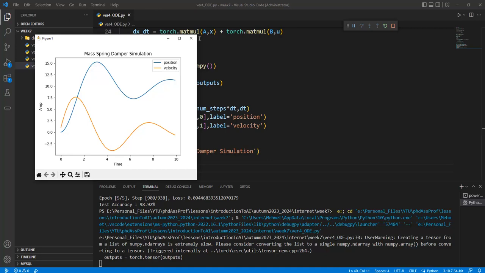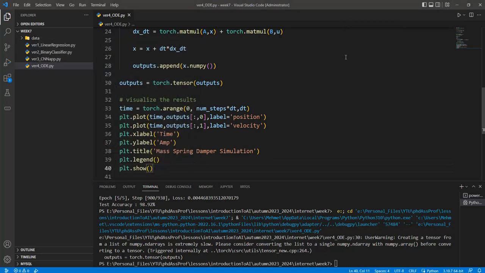Okay, so how can we model this dynamic system by using the neural network in the PyTorch application? It's useful, right? Or I think so.